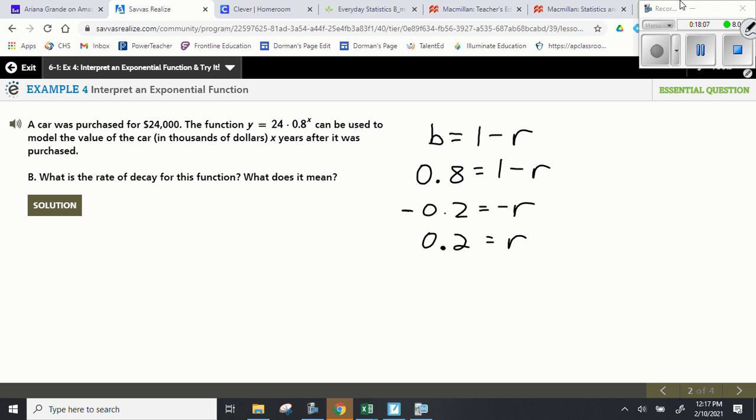What does that mean in the case of this function, in this situation? In context, what does it mean? It means that a car's value decreases by 20%.